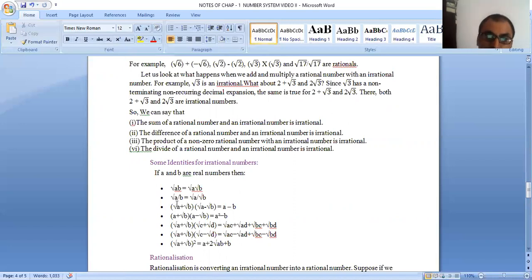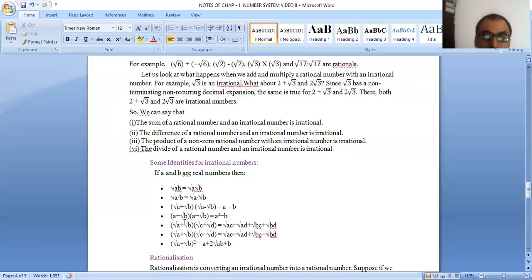Now root a plus root b into root a minus root b. From (a plus b) into (a minus b) is equal to a square minus b square, which you have studied in previous classes. So from there we can write root a into root a minus root b into root b, which is a minus b.